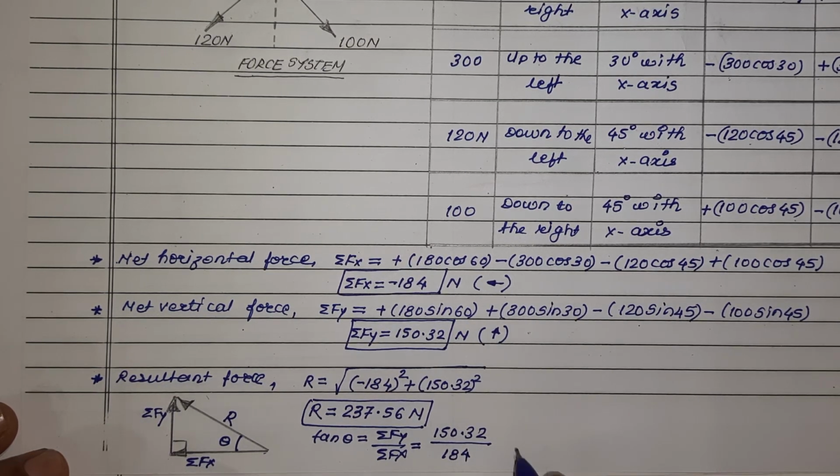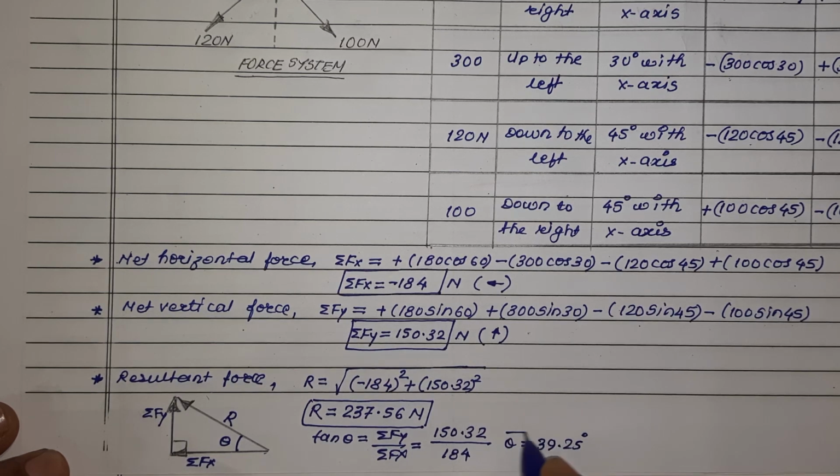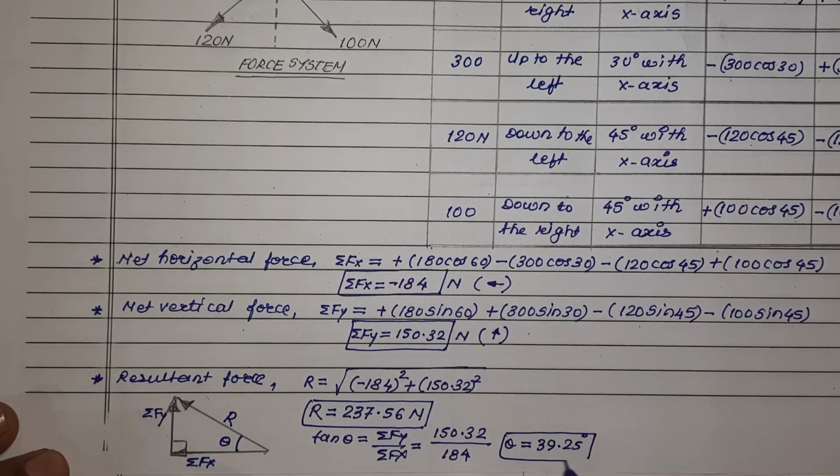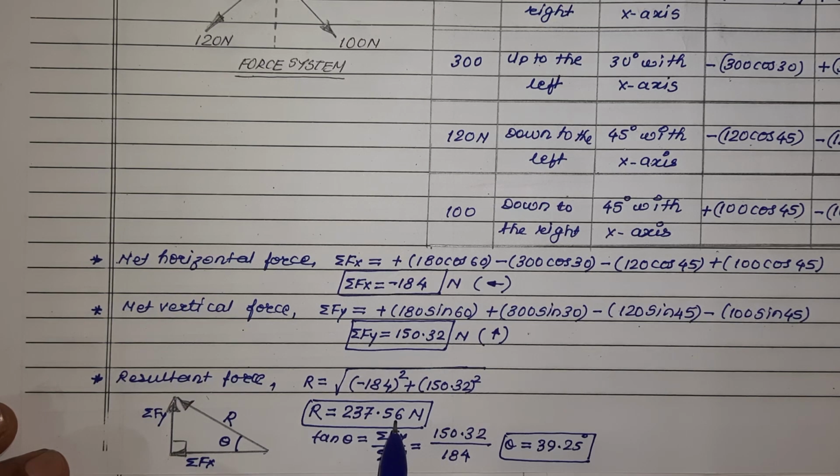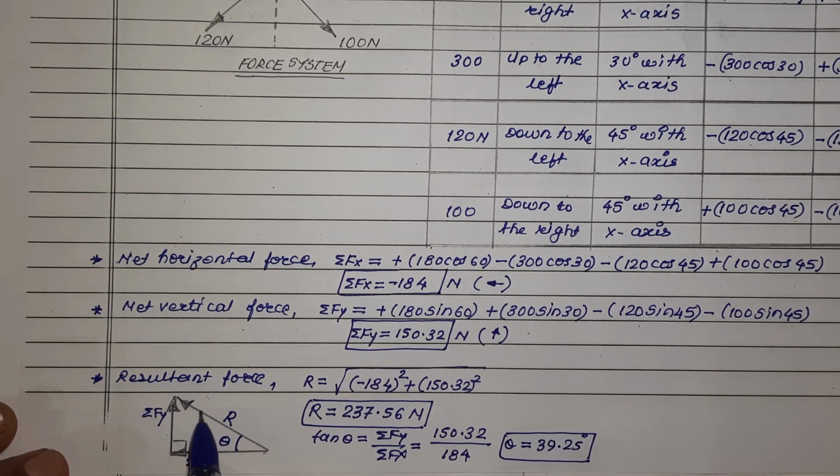Solving this, we will get theta, which comes out to be 39.25 degrees. Thus at the end, we can mention that the resultant of 237.56 Newton is acting at 39.25 degree inclination with horizontal. In which direction? This direction is up to the left.